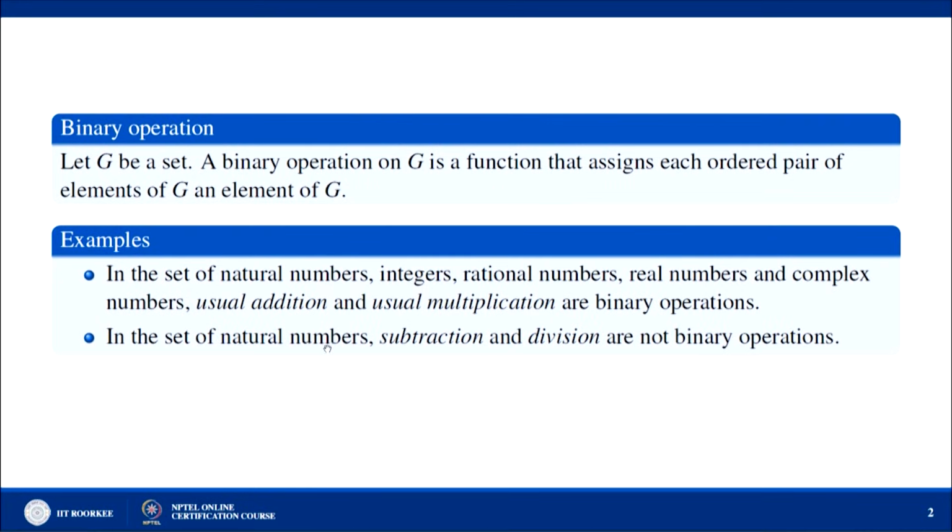Now, if you take the set of natural numbers, subtraction and division are not binary operations. Suppose you take two natural numbers, say 1 and 2. 1 minus 2 is equal to minus 1, which is not a natural number. That means subtraction over the set of natural numbers is not a binary operation.